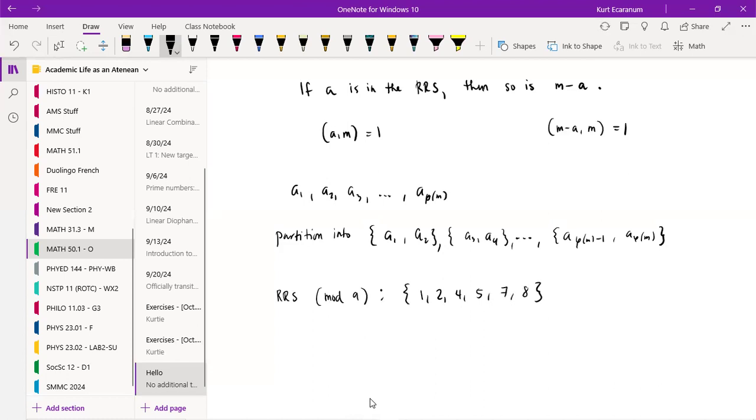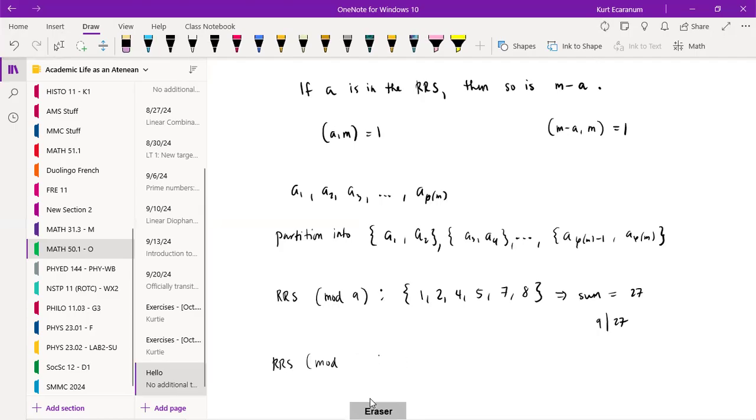Pag pinag-add mo tong elements na ito, so 1 plus 2 plus 4 plus 5 plus 7 plus 8, magiging sum equals 27. Okay. 27, so 9 divides 27. Yes. Works.